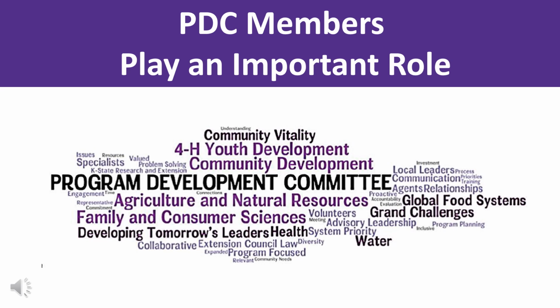They gather input from individuals within the communities and then work with the agents, who can also share pertinent information from community coalitions and other partnerships. Demographic information is also helpful to review. PDC members can also help to brainstorm and prioritize program possibilities.